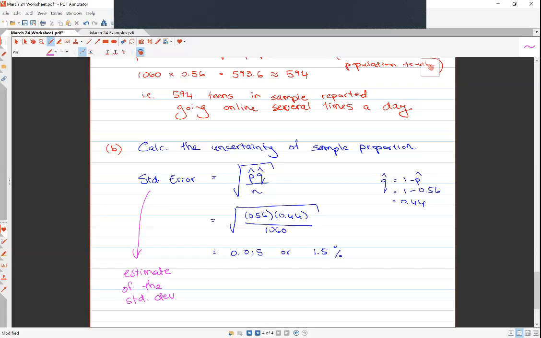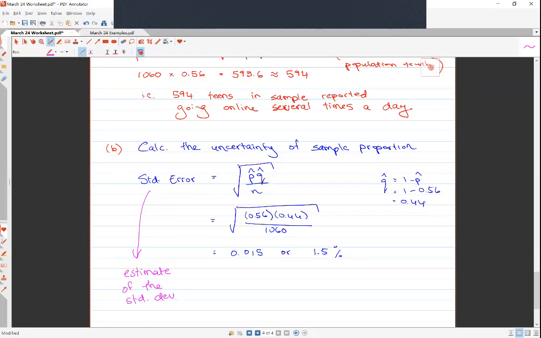But even if we use 2 standard errors, which using our bell curve, 2 standard errors means we're capturing 95% of values, right? With, I'm going to throw in a word here that we haven't defined in class yet, but that we'll get around to, confidence. With 95% confidence, the true value is within 2 standard errors. So the sample value is 56%, but 2 standard errors means 3% in either direction.